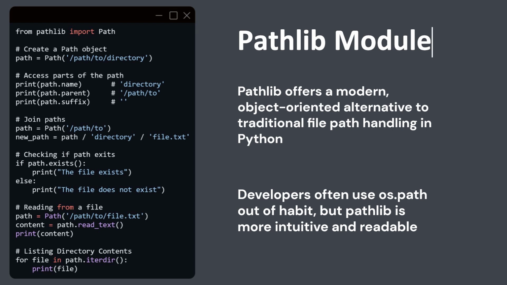Additionally, Pathlib simplifies your code by reducing common errors, like incorrect path concatenation, and it works seamlessly across operating systems. It enhances code readability, making your scripts not only easier to understand but also easier to maintain. Consider switching to Pathlib and experience a smoother, more modern approach to file management in Python.